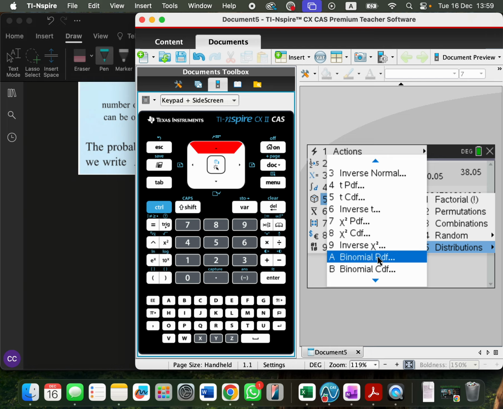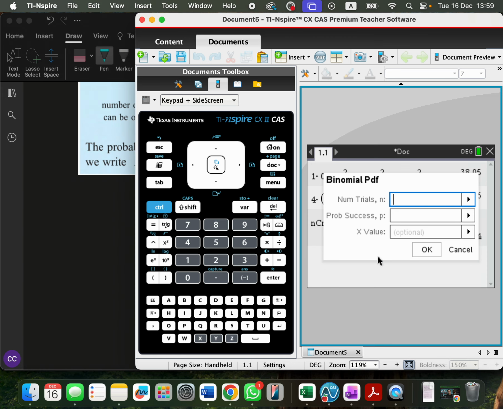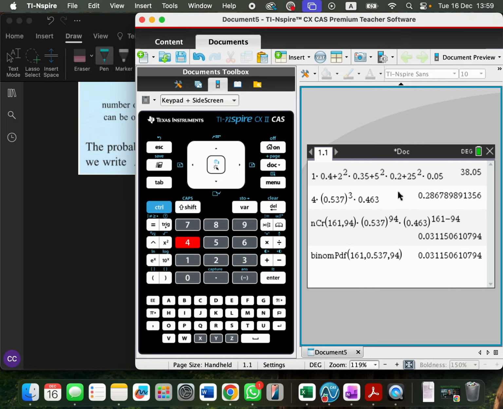That's going to find a particular value. So the number of tries, there's 161 games. The probability of success is 0.537. And I want to know, to win 94 games, what it would be. And if I do that, you'll see it's the exact same value. Your calculator is a godsend for this.